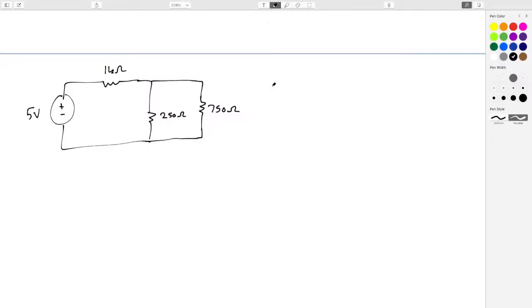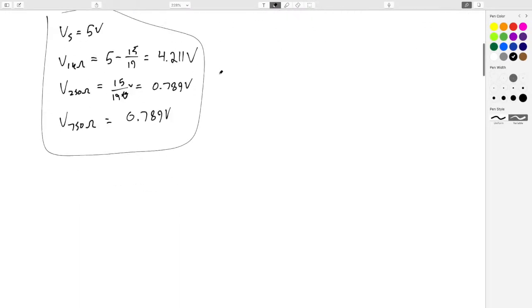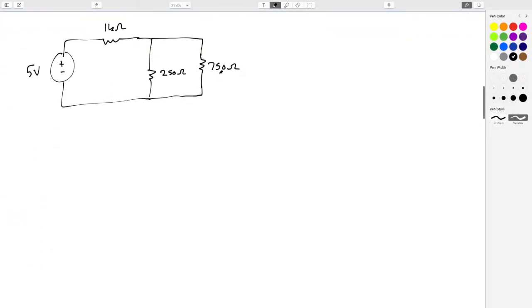This time around, instead of making my ground node the bottom one, let's make it the top right and show that at the end of the day we get the same exact answers. So I'm going to put a ground node symbol right here. Let's label our nodes. This is going to be E0. Let's call this E1. Let's call this one E2 now. Now it might feel weird that I'm doing this, but don't worry, this is all totally legitimate.